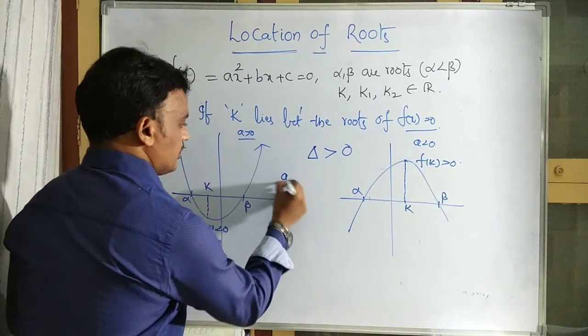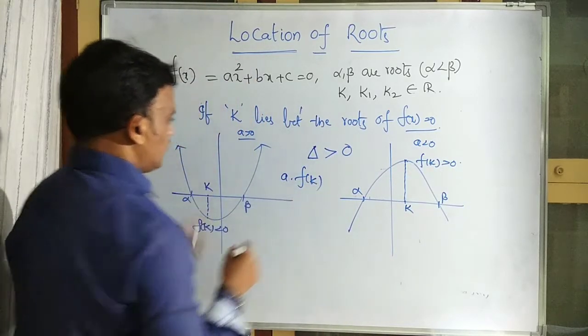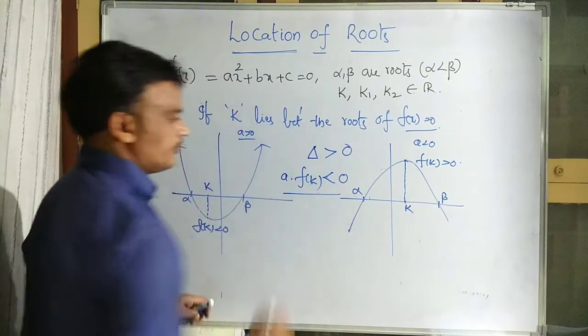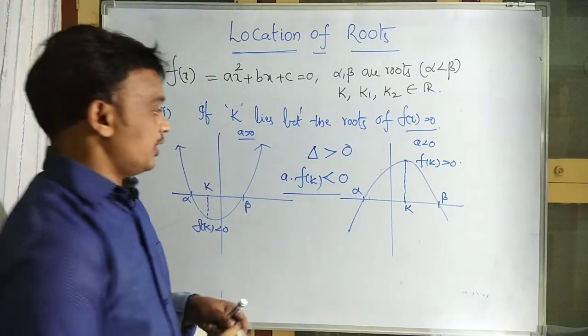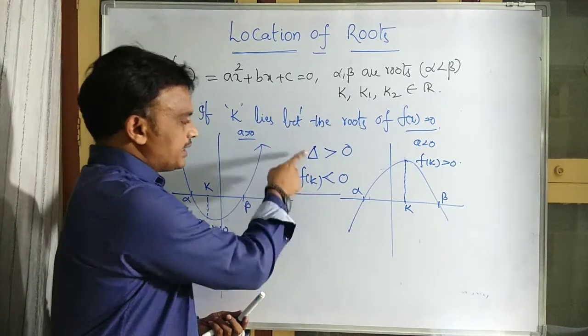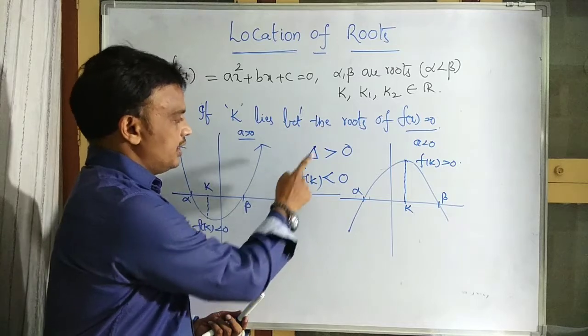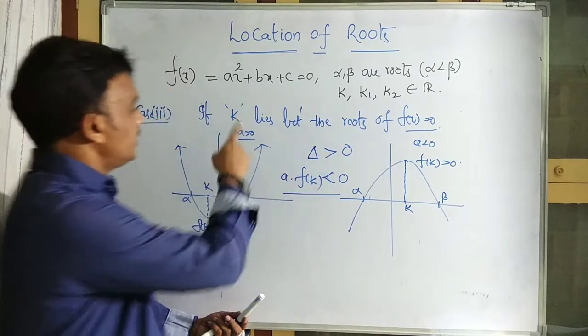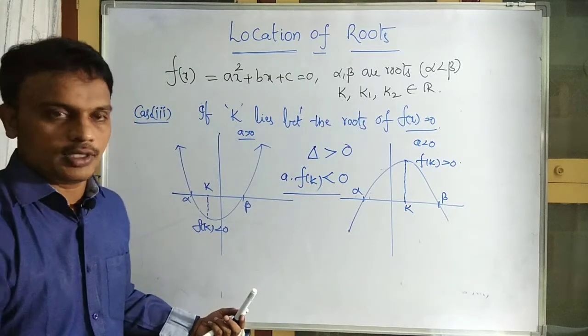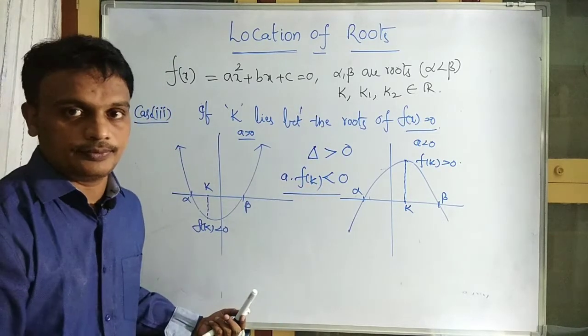Then a into f of k, one is positive, one is negative, which is less than 0. So whenever you get this type of condition, you can take the intersection of these two conditions: delta is greater than 0 and a into f of k should be less than 0. Next, come on students, make a note.